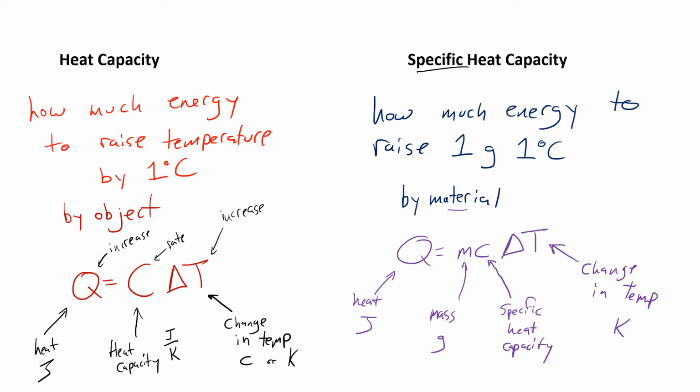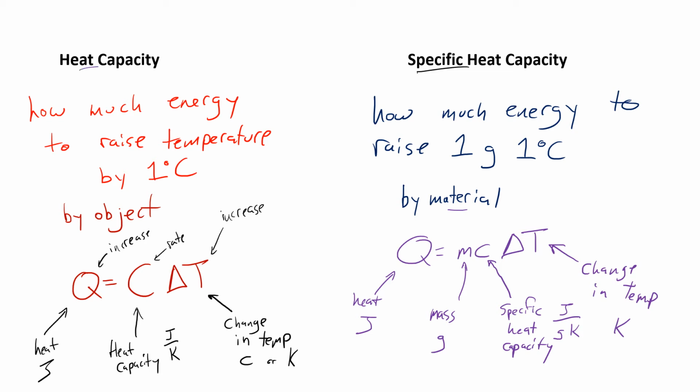We'll talk about those in a second. So your specific heat capacity is going to be joules per gram Kelvin. All right. Now it could be slightly different units, but they're all going to be the same type of format here. So the difference is this is one material, and this is just anything.